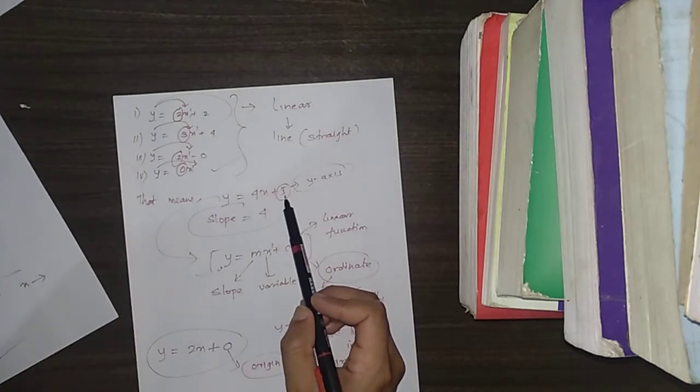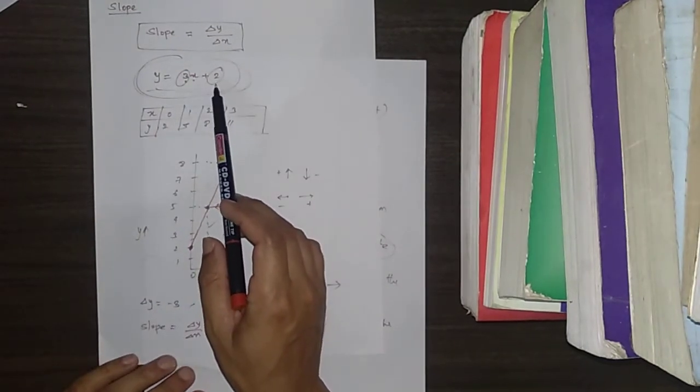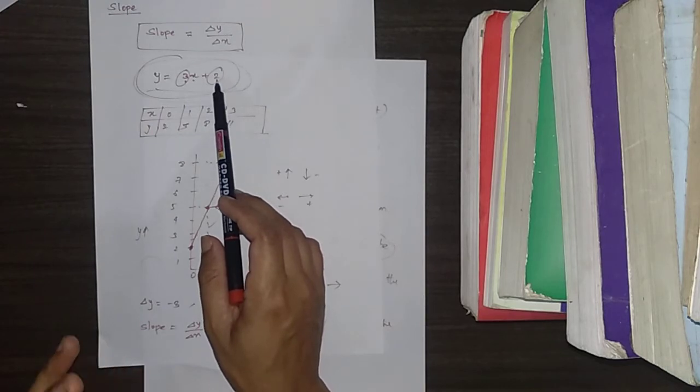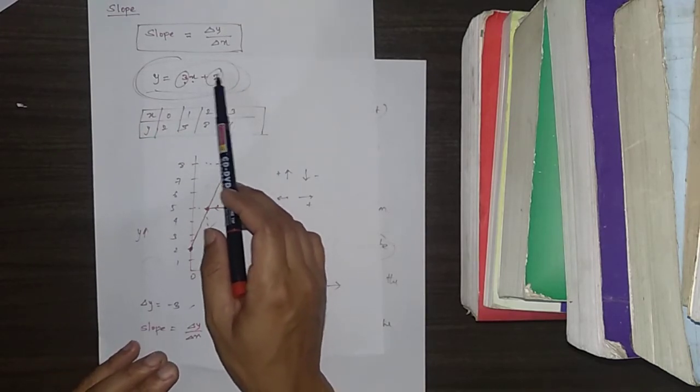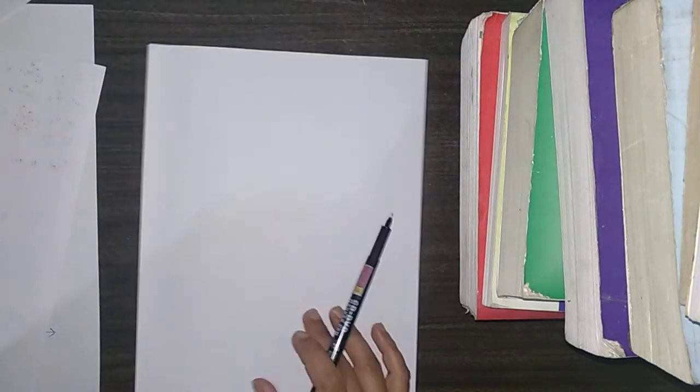It will pass through 0.5 on the y-axis. Similarly, this type of function will not pass through the origin because the value of c is non-zero. So this will pass through 0.2, the ordinate. So this is a brief introduction about slope of a straight line.